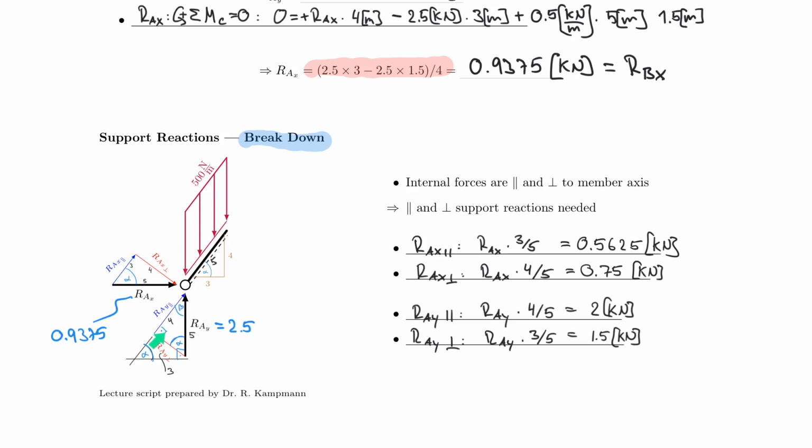They both are added together. They both push on the node in the direction of the member. So we now have to bring them together, and we will do that on the next page.